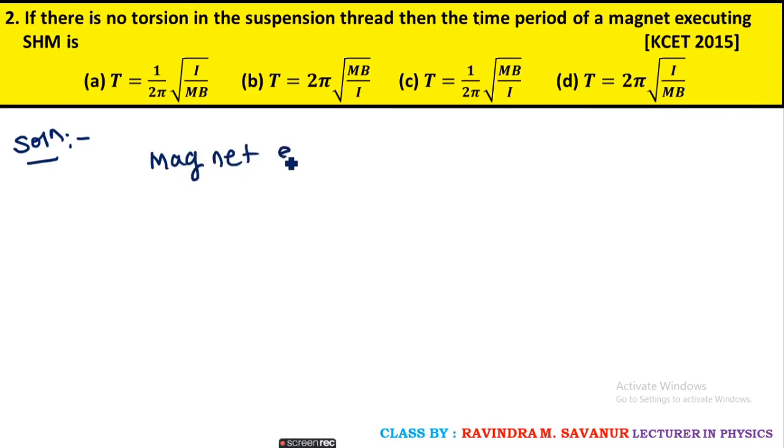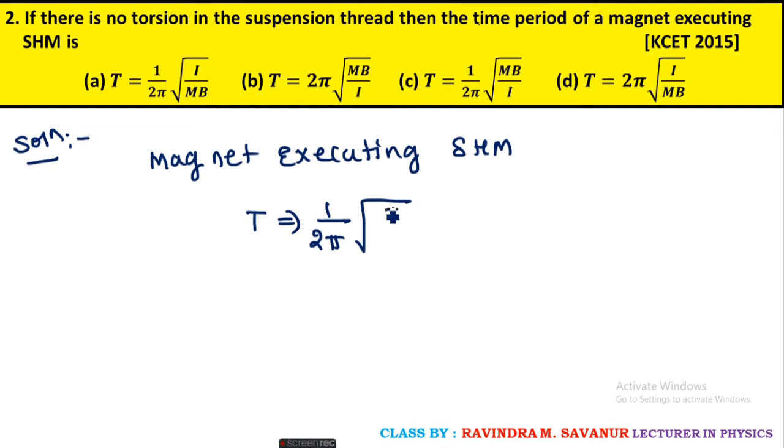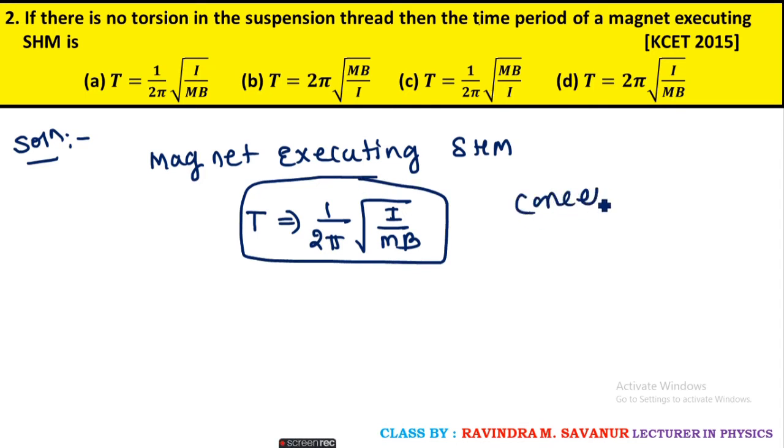The magnet which is executing SHM, SHM full form is simple harmonic motion, which is given by time period equation 1 upon 2 pi root of I divided by m into B. This is there in the synopsis. This is a concept basic portion. Refer to the synopsis. Yes, option D.